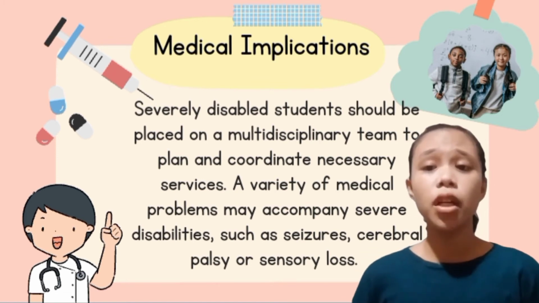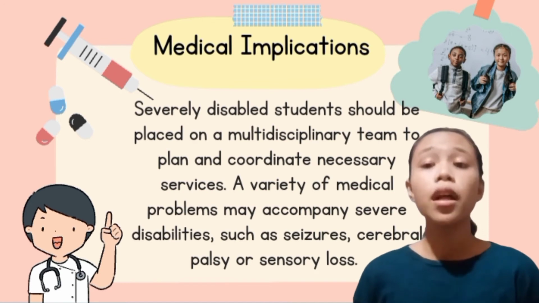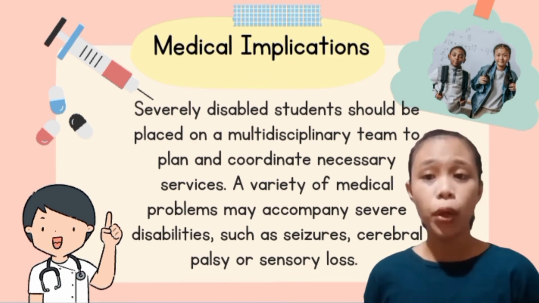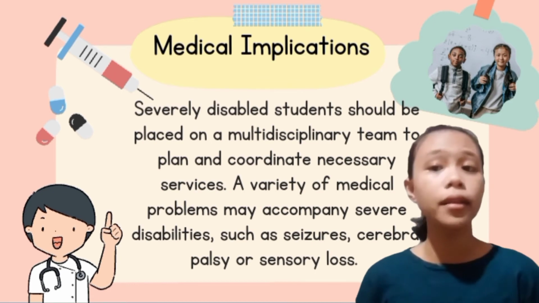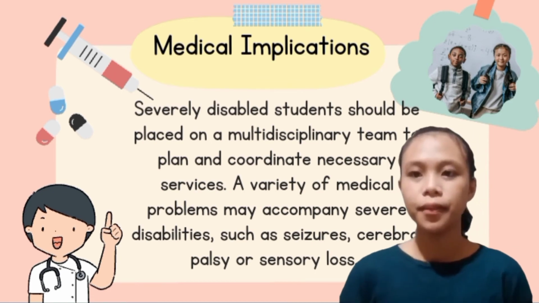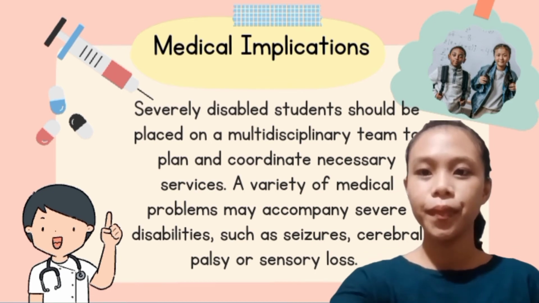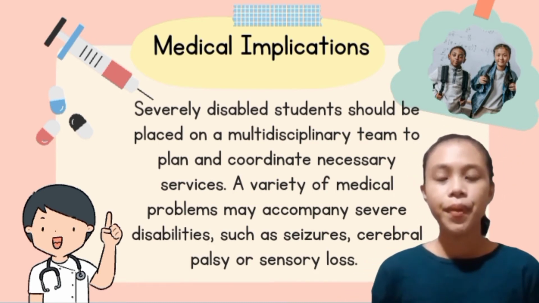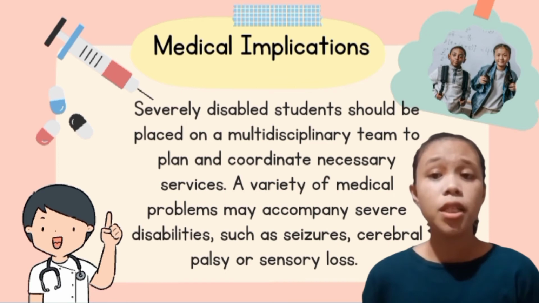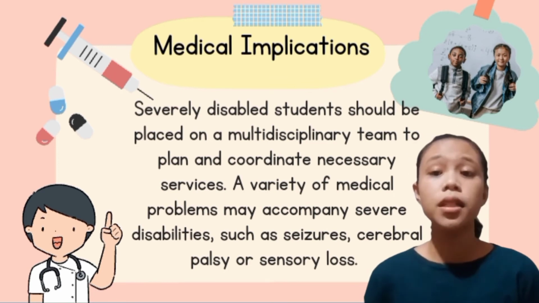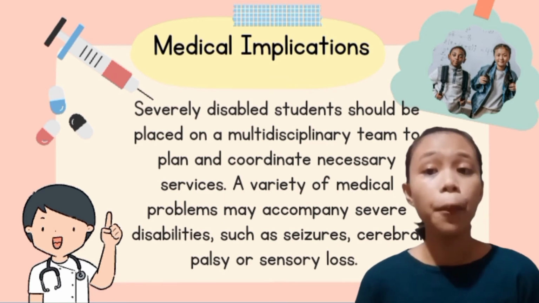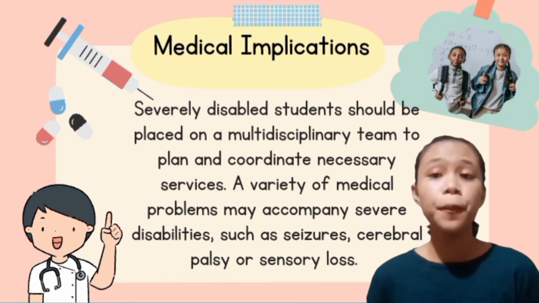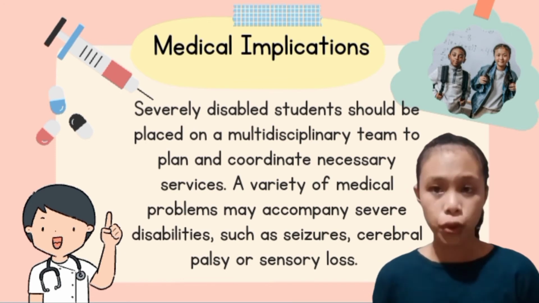Seizures are physical changes in behavior that occur after an episode of abnormal electrical activity in the brain. Cerebral palsy is a group of disorders that affect a person's ability to move and maintain balanced posture.